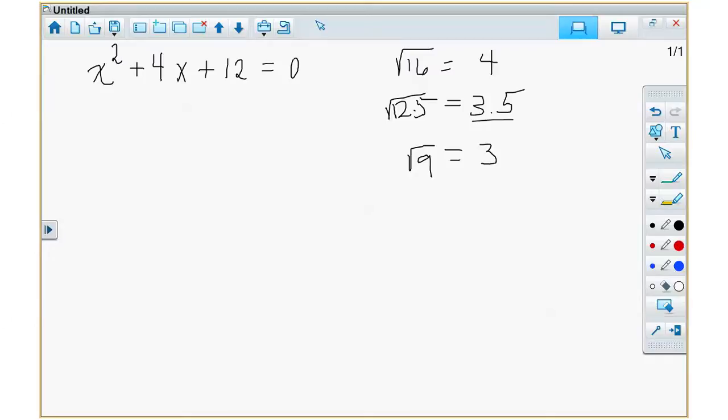x squared plus 4x plus blank equals negative 12 plus blank. x squared plus 4x. What's half of 4? 2. 2 squared? 4. Negative 8.